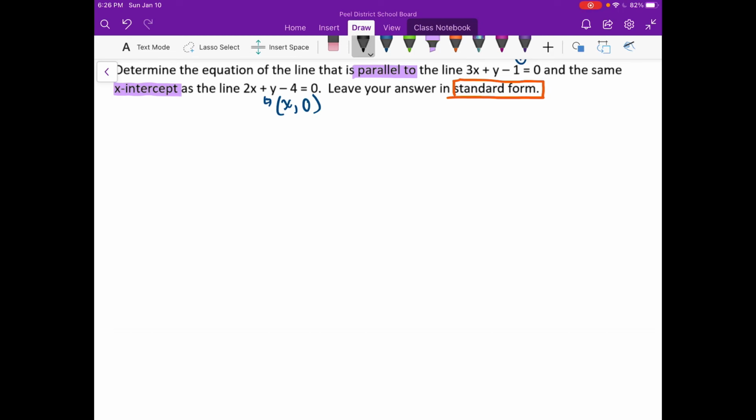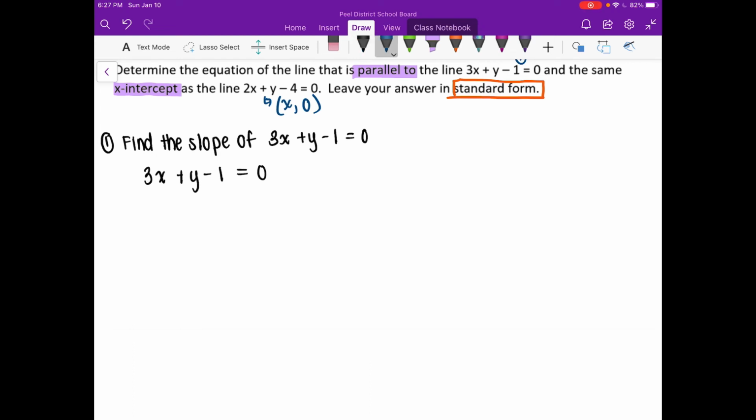So there's a few steps that we've got to take. Number 1 is going to be, we want to find the slope. We know it's parallel to 3x plus y minus 1, so find the slope of 3x plus y minus 1 equals 0. So let's rearrange this. 3x plus y minus 1 equals 0, right?